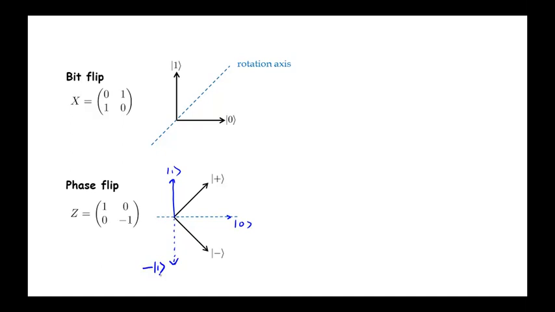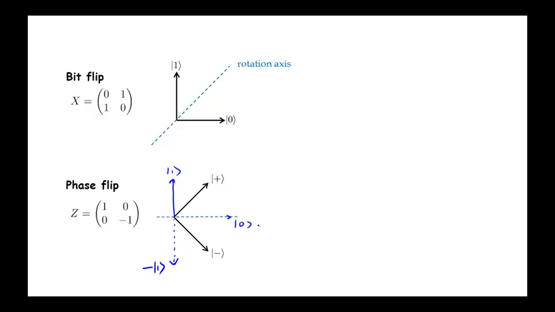And so you could think of it either as a reflection about the 0 vector, or again in the complex plane you can think of it as a rotation through 180 degrees, or pi, about the axis of the x-axis.